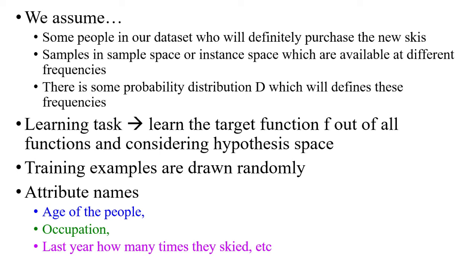Note that D will never say the instances will be only positive or only negative. Both cases may be possible. It only determines that there are some instances, small s, which will purchase these skis and they are present.